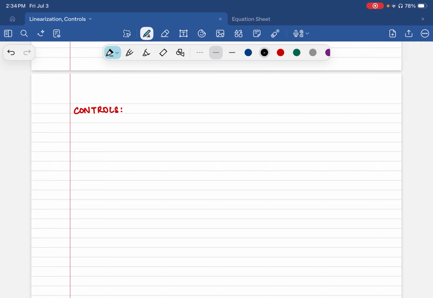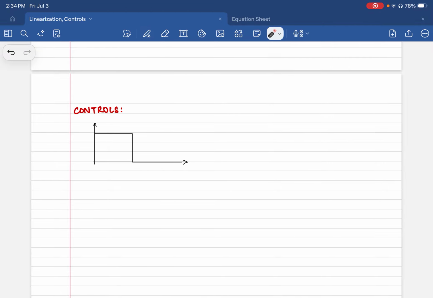wherein we have some reference signal that is how we want our system to behave, something like this.